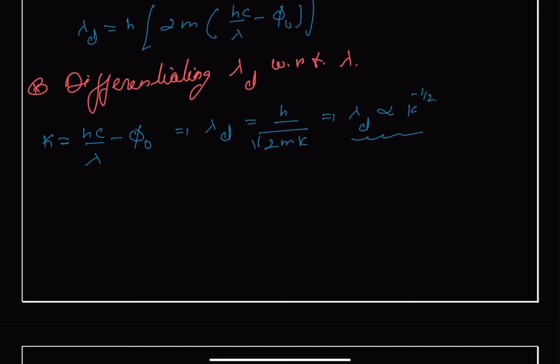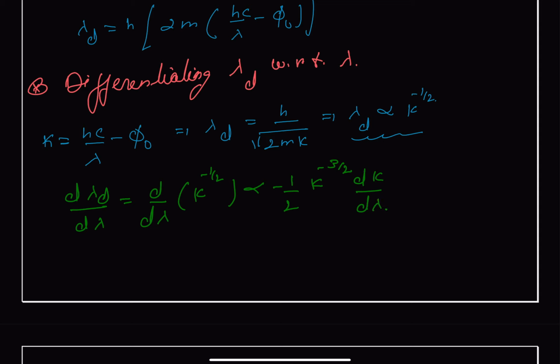So we are going to differentiate this equation. In terms of proportionality, it makes it easy because h and 2m are constants. So we get the derivative of the de Broglie wavelength lambda d with respect to lambda is proportional to minus 1 by 2 times K raised to minus 3 by 2 times dK by d lambda.